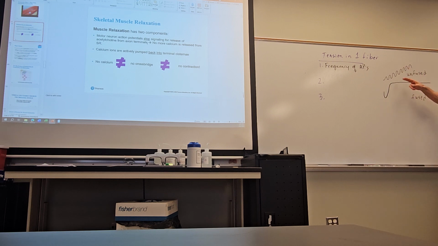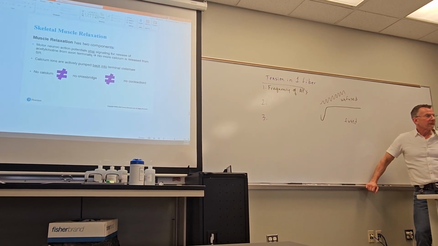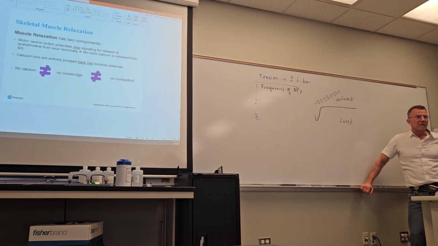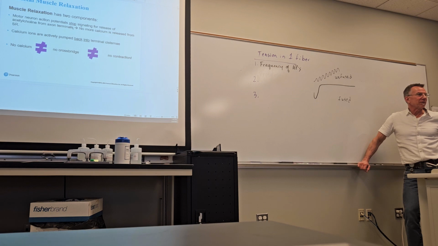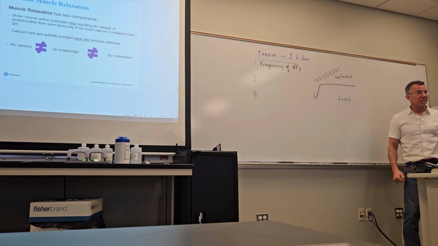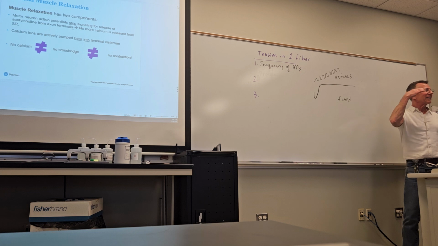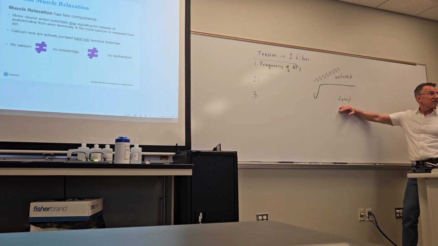So basically, what is causing this increase in tension? What are you increasing inside the cell? Not carbon, calcium. You're releasing more calcium. The more calcium you release, the more cross bridges you form. The more cross bridges you form, the more tension you can create. So it all goes back to calcium. And then here, they're coming so fast, you don't have any time to relax whatsoever.